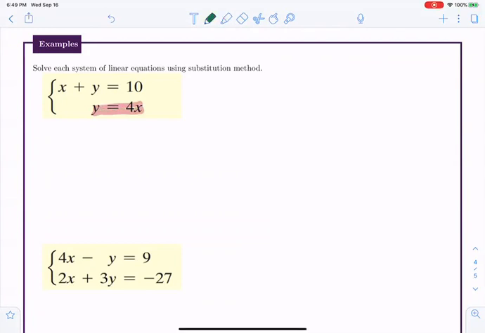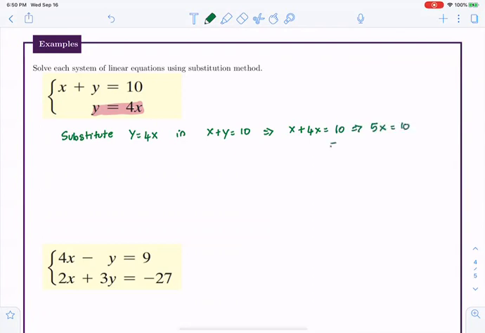So what I'm going to do is substitute y equals 4x, which is the second equation, in x plus y equals 10, which would mean x plus 4x is equal to 10. 5x would equal 10. We divide by 5 on both sides. 10 over 5 is 2.